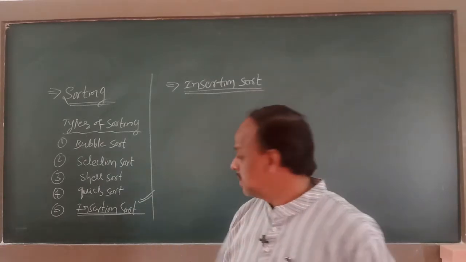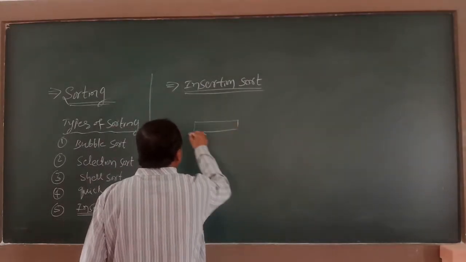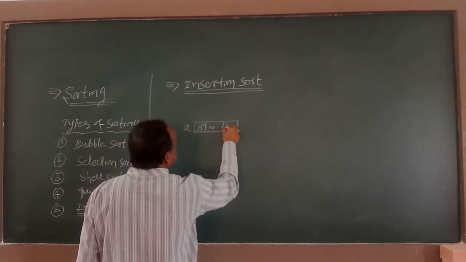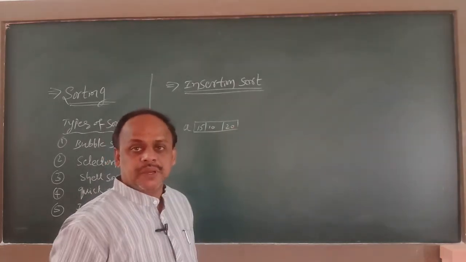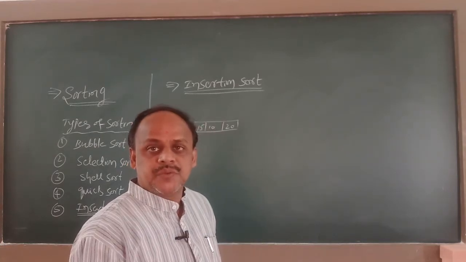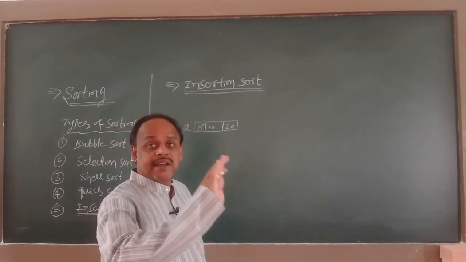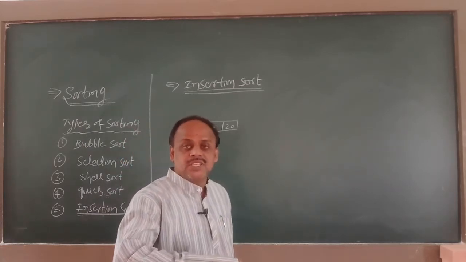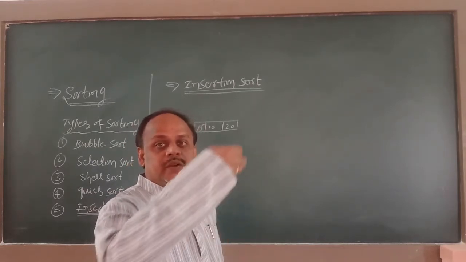It is very important. See here, for example, consider an array A: 15, 10, 20. Insertion sort is a type of sorting method. In insertion sort, first we have to consider an array with elements in unsorted form, because using this we are going to get a sorted array.